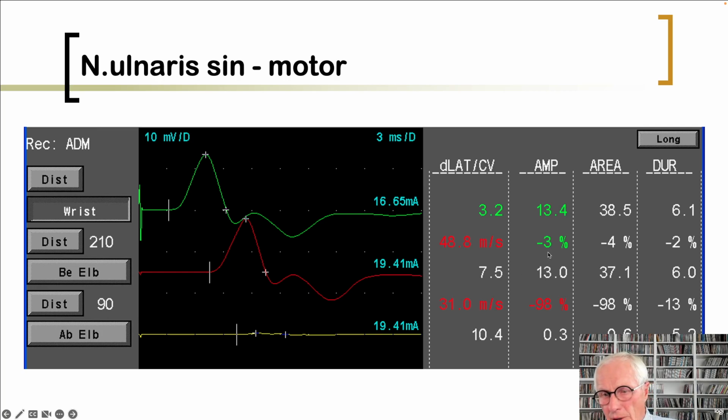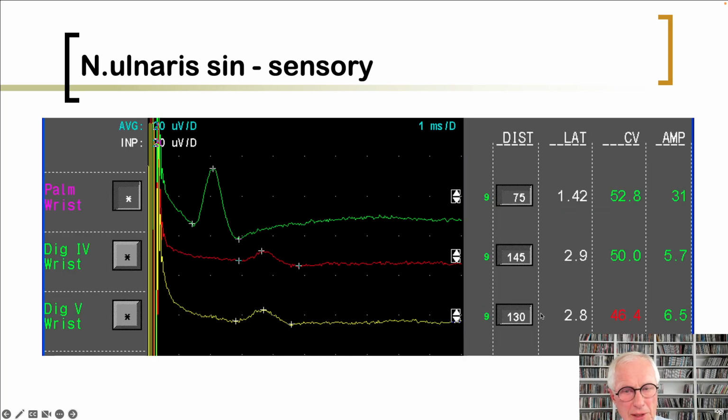There is no Martin Gruber to the hypothenar muscles. The amplitude change is 3%, but when we go above the elbow, there's a 98% decrease in the amplitude. Severe change. Sensory, nice responses, both at the wrist and digit 5, a little bit slowish conduction velocity, slow normal.